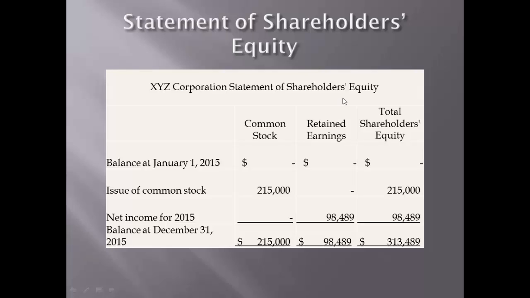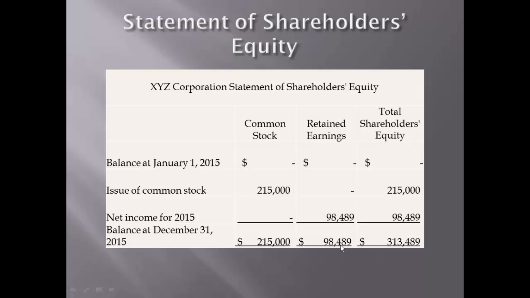Now, looking at the statement of shareholders' equity, note that retained earnings is updated for each period as follows: beginning retained earnings plus net income minus dividends, that is any dividends, equals ending retained earnings.